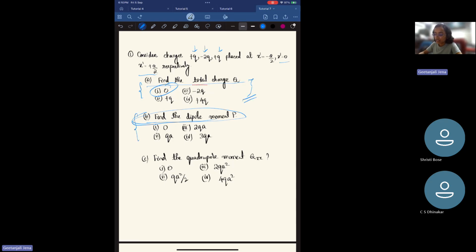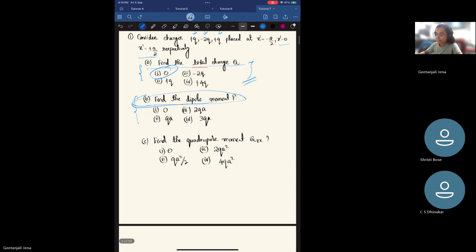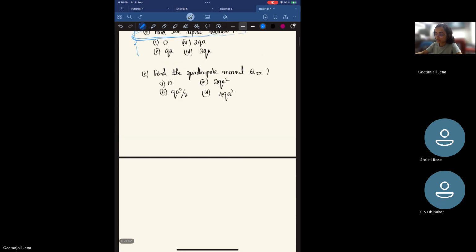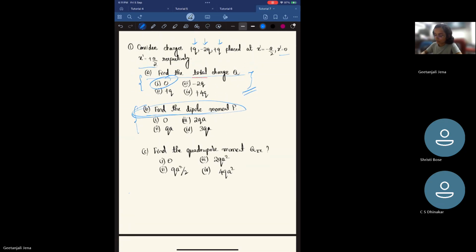So what will be the answer for the second question? Option 1. Okay, so for B, option 1 is the correct answer.